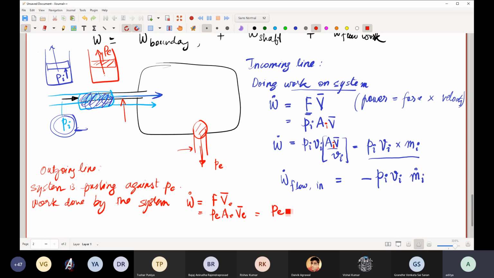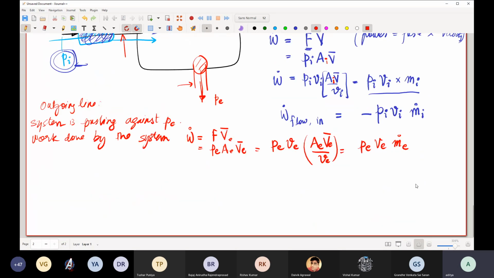I can have PE, small ve, AE, average velocity over specific volume. Now the bracketed term is the exit mass flux. So this becomes PE, VE, m dot E. So the W flow out is work done by the system, and that is why you have this as positive PE, VE, m dot E.